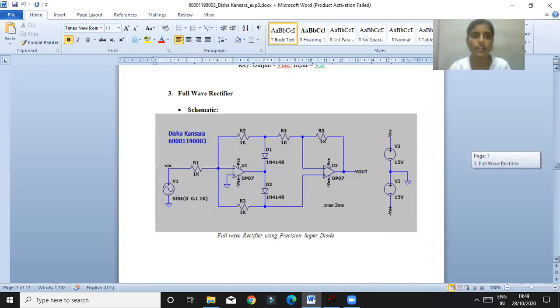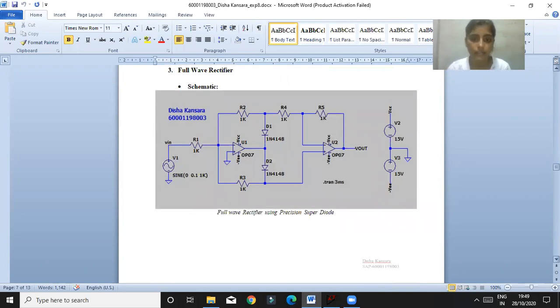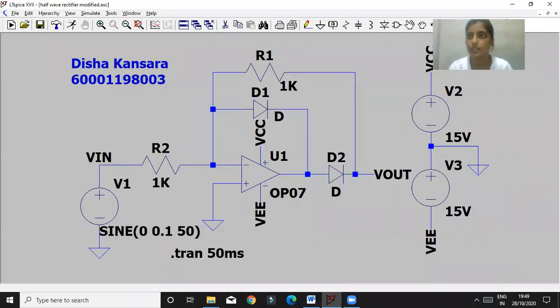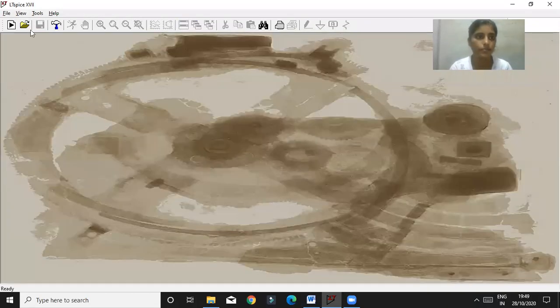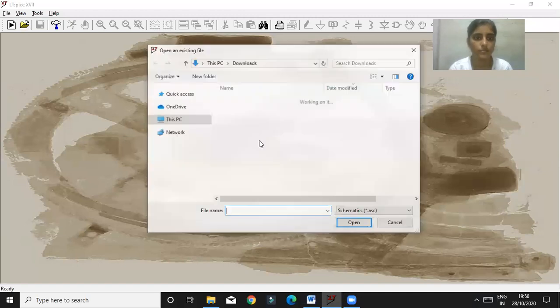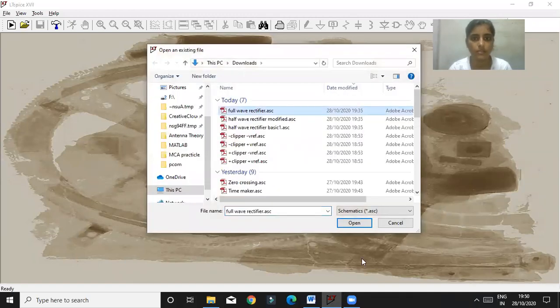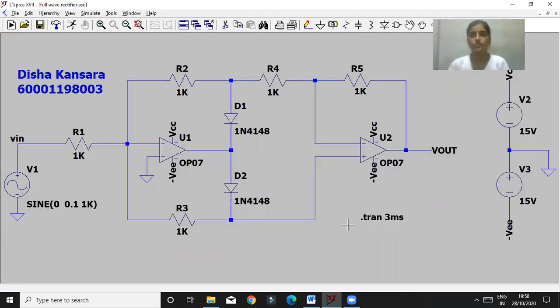Now let's see the circuit of the full wave rectifier. So let's check it in LTSpice. So this is the circuit of the full wave rectifier.